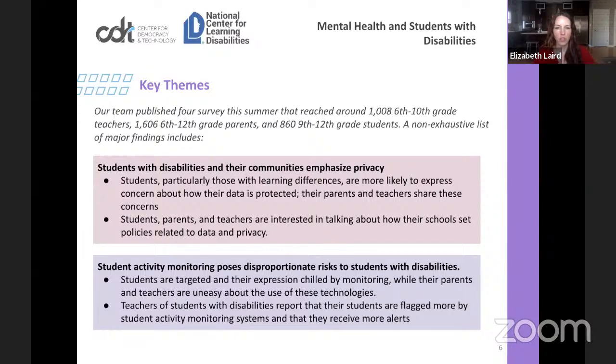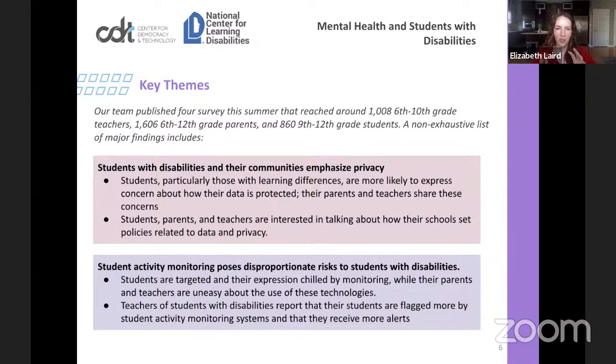We found that students, particularly those with learning differences, are more likely to be concerned about how their data is protected, and that extends to parents and teachers of students with disabilities. And interestingly, and this is consistent with data that we've seen in the past, we see greater levels of engagement and knowledge and capacity around privacy among students, parents, and teachers who are working in the disability community.